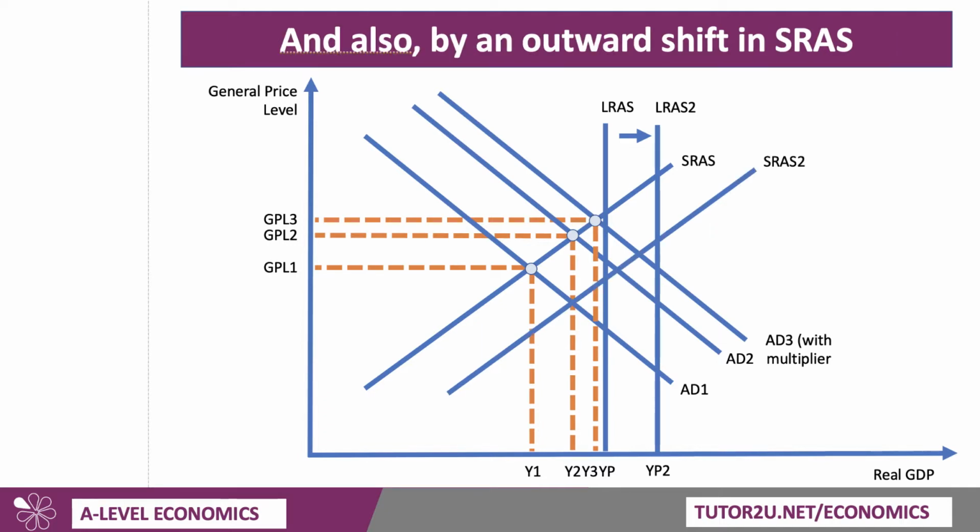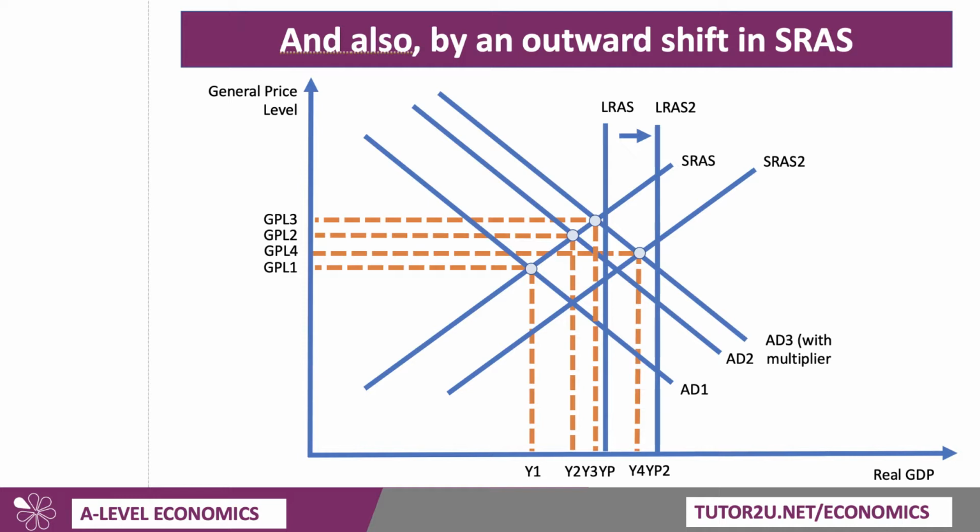You see, for example, it might be the case that your recovery is helped by higher productivity, or it could be assisted by a fall in import prices, or by some deregulation of the economy which stimulates investment. And therefore, if aggregate supply shifts outwards to SRS2, then that allows you to sustain a higher output level, this time Y4, without the inflation.